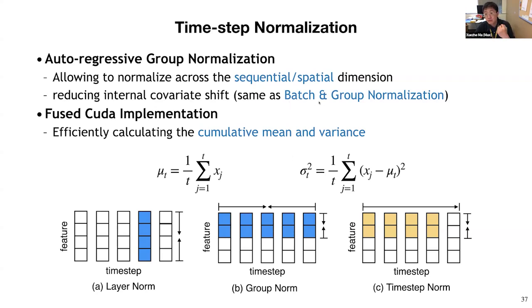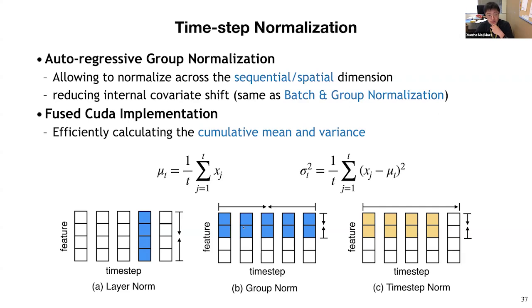But we know that if we want to normalize across the batch dimension, it incurs some technical difficulties during pre-training. So that's why people usually use group normalization in computer vision, which also normalizes across the time step dimension or the sequence dimension. But in NLP, the most commonly used normalization layer is layer normalization or RMS normalization, which only normalizes over the feature dimension.